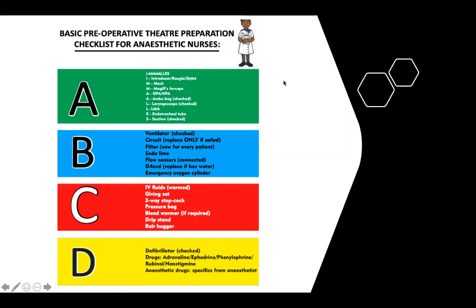Yes, we can add on to that. We put it under B, ventilator. That's the anaesthetic machine. So you could change it to anaesthetic machine, but we opted to write ventilator.